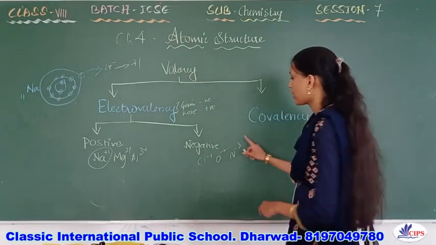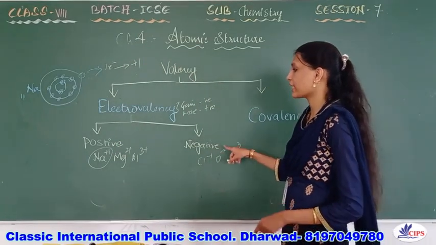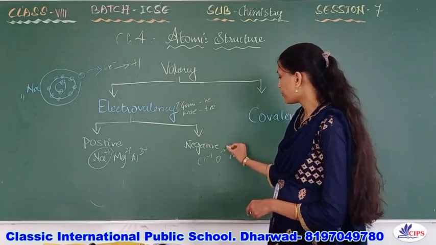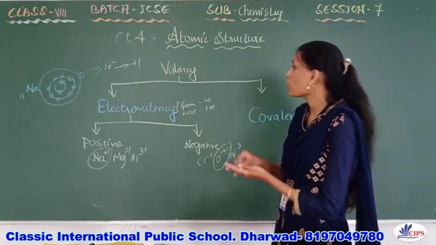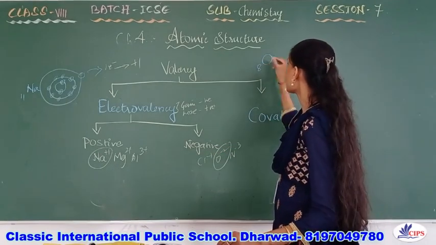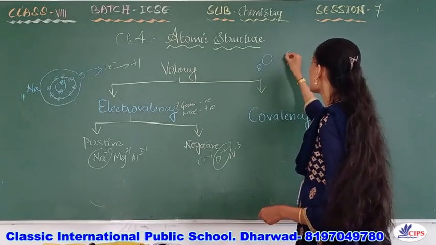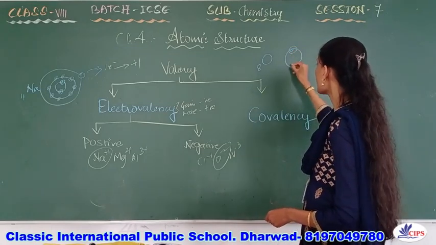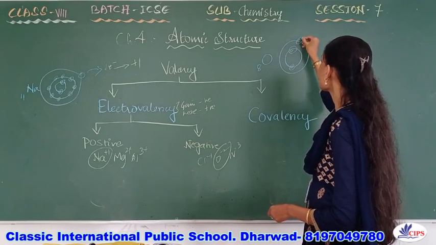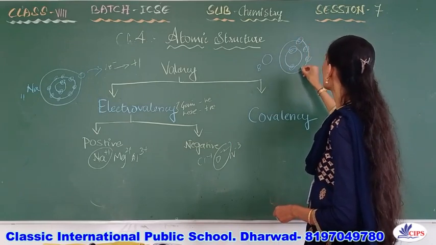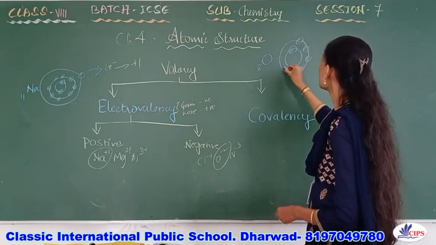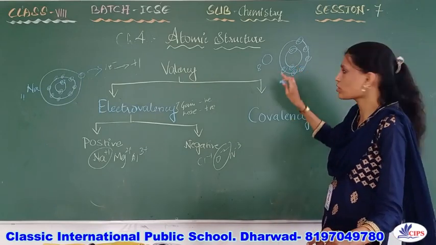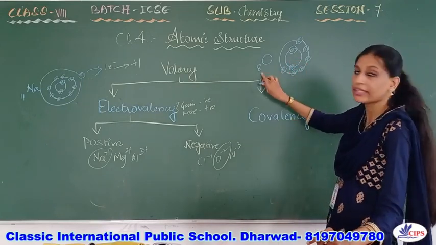Similarly we have a number of examples for negative electrovalency. Now let me take this example, oxygen. Oxygen has atomic number 8. This means in K shell 2 electrons, in L shell how many electrons? 1, 2, 3, 4, 5, 6. 6 electrons, 2 here, 6 here, 8 electrons.